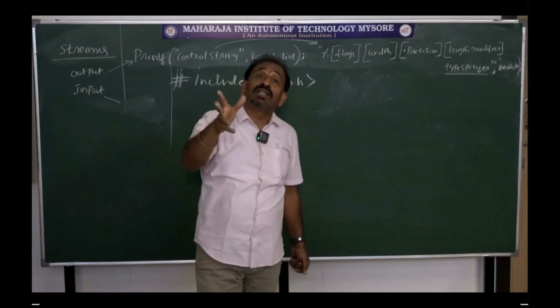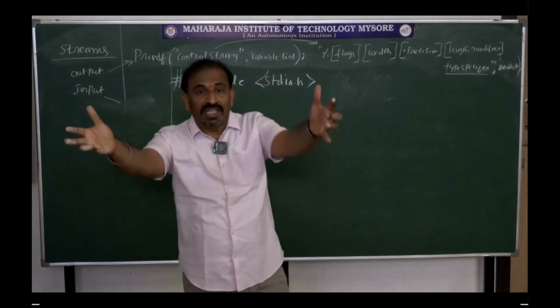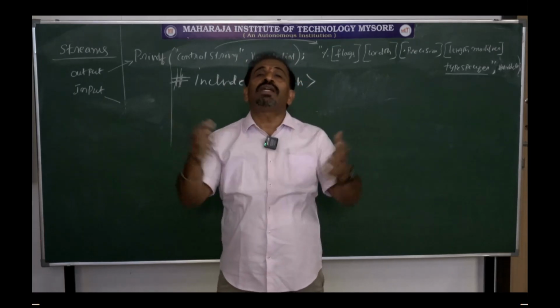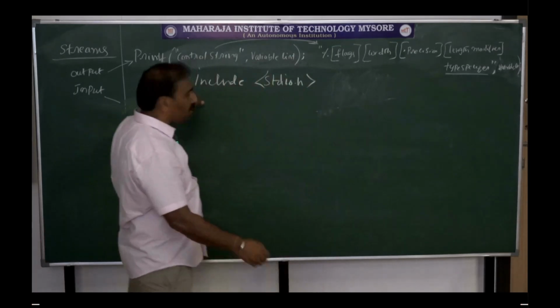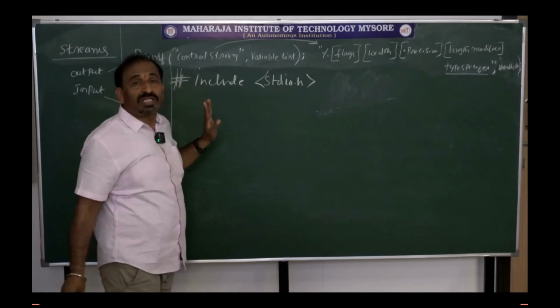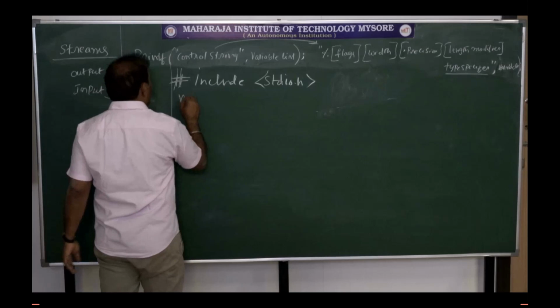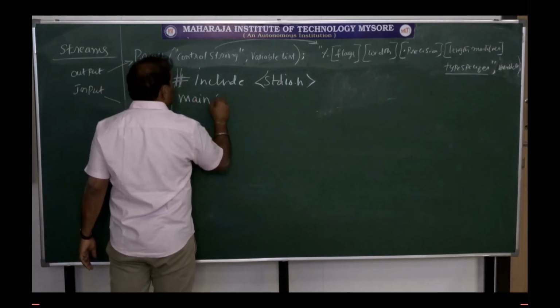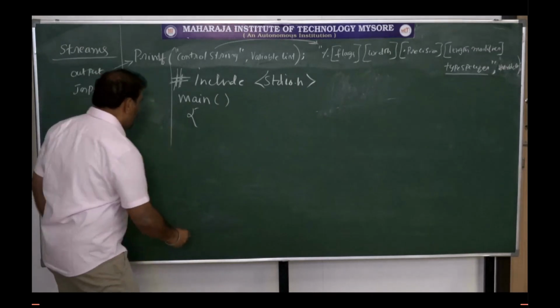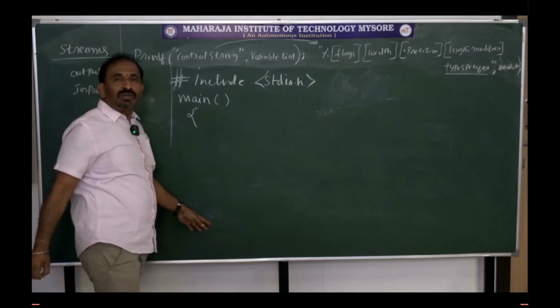They are processed first; they are checked first to see whether they are available or not. We will see preprocessors later, but right now understand that they are called preprocessor directives. Then you have main, and as usual you have to close it after you complete.